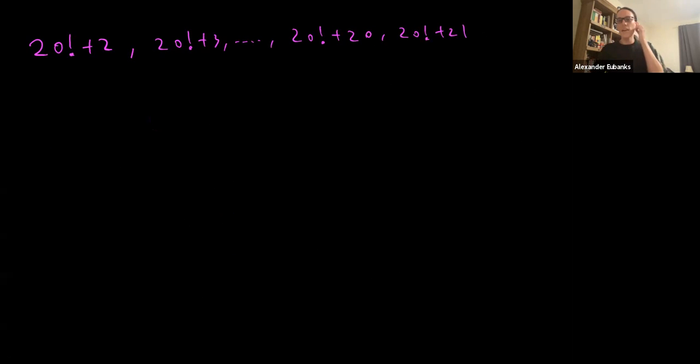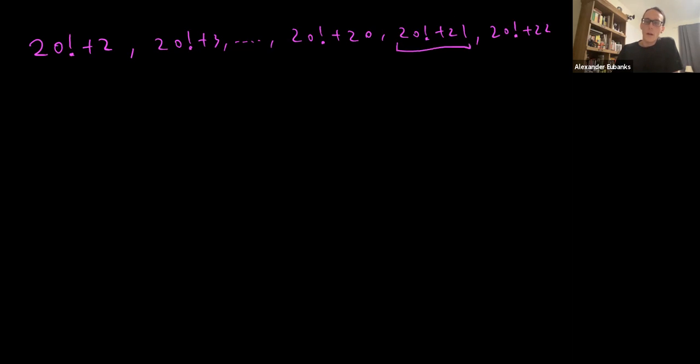But if we do 20 factorial plus 2 and 20 factorial plus 3, all the way up until 20 factorial plus 20, and then 20 factorial plus 21, and I could even go further, actually, 20 factorial plus 22, and I'll stop there.